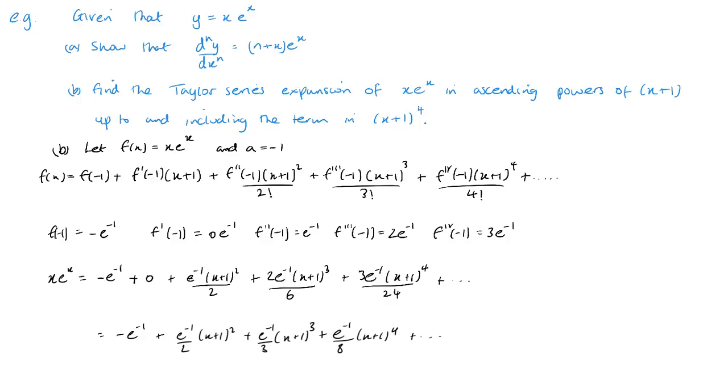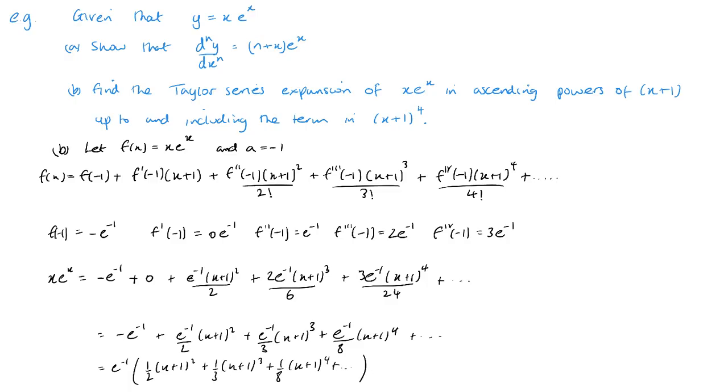And I could alternatively factorize out the e to the minus 1. So I could just have then a half x plus 1 squared plus a third x plus 1 cubed plus an eighth x plus 1 to the power 4.